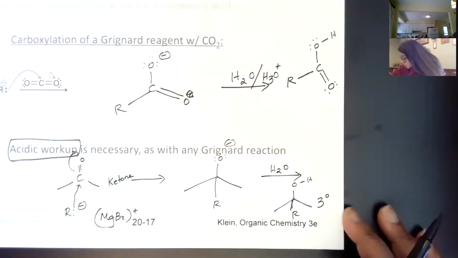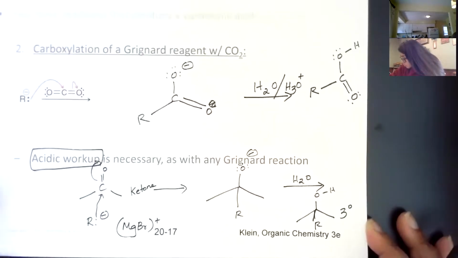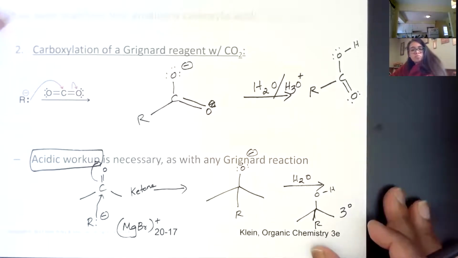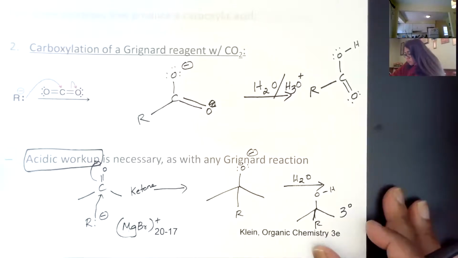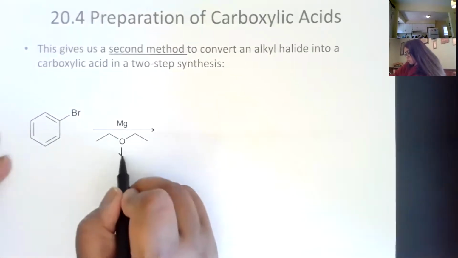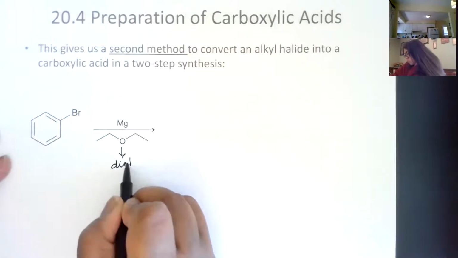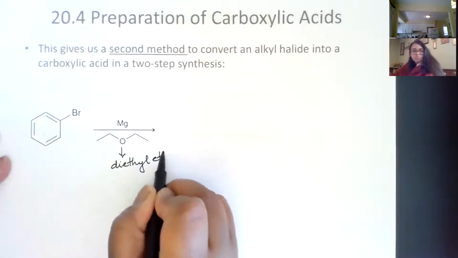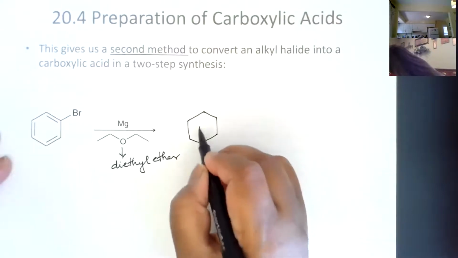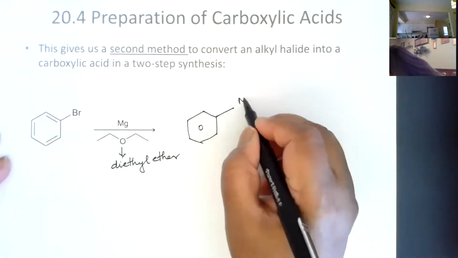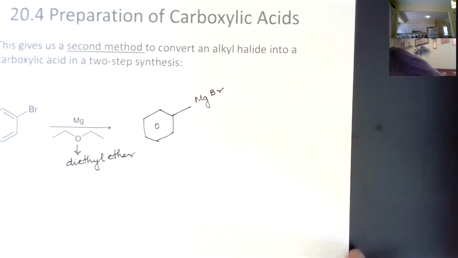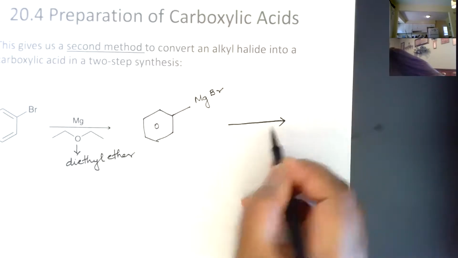All right, so it's similar to what you've seen, but here your reactant is carbon dioxide and not an aldehyde or a ketone. So this is putting everything together. What is this? Diethyl ether. Okay, so you have the Grignard reagent.